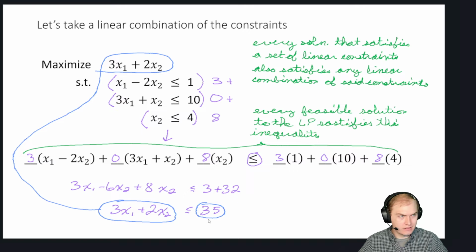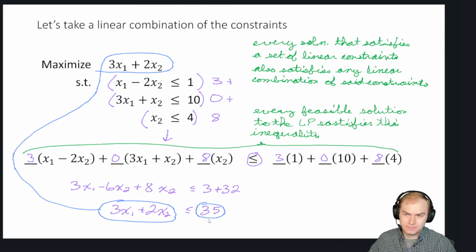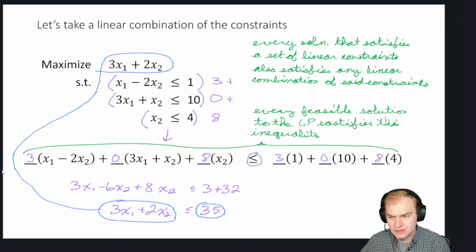That feels like a long and convoluted argument. Any feasible solution satisfies any linear combination of the constraints. Our linear combination happens to put a bound on the objective function.